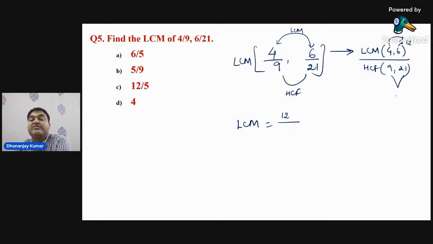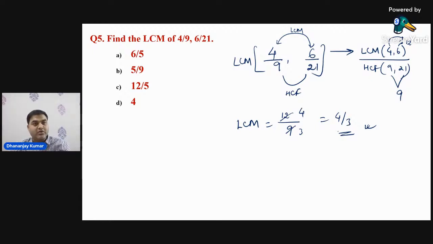Is 9 dividing 21 possible? Possible, not possible? So it is 12 by 21. HCF of 9 and 21, I said, is going to be 9. So the LCM will be 12 by 9, which is 4 by 3. So 4 by 3 will be the right answer.